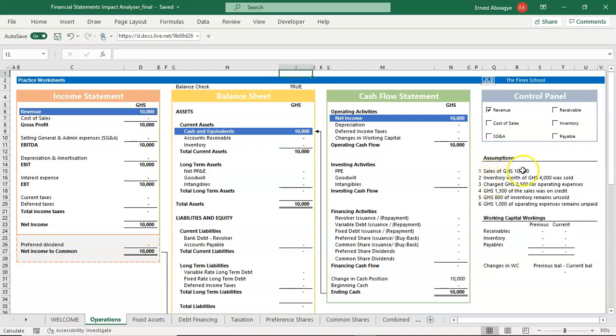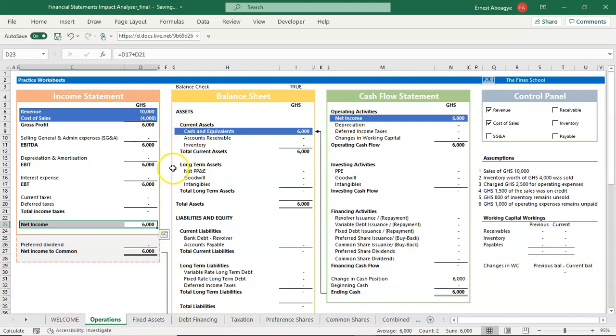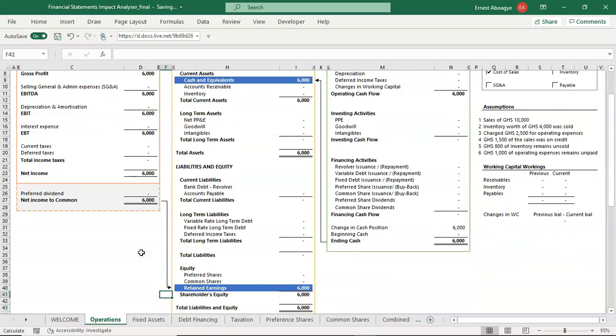Assuming the sales made actually was an inventory costing us 4,000, which we sold. We would see that the cost of sales would reduce the revenue by that expense. So with that, our net profit will further reduce by the 4,000, giving us 6,000. Then again, the net income here, after any dividend payment, which we haven't made any at this point, will feed into your surplus line, having 6,000 retained earnings.